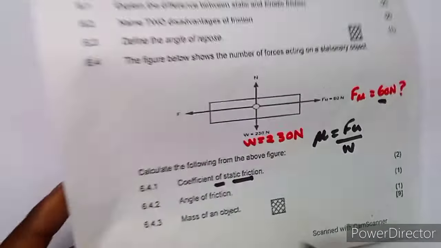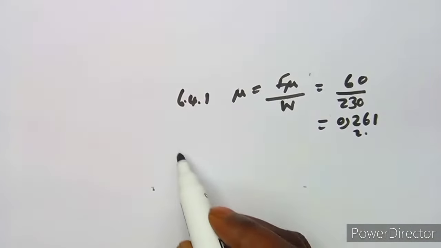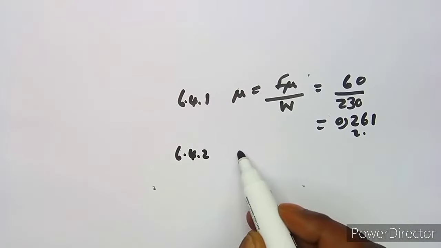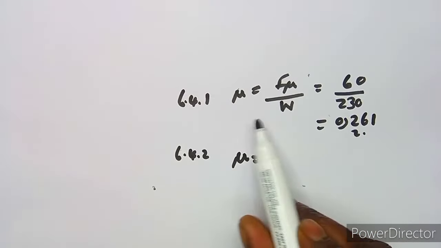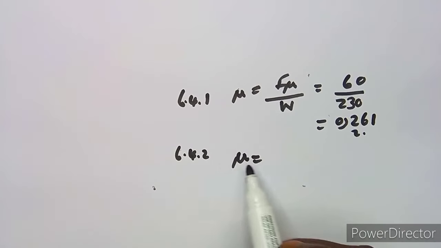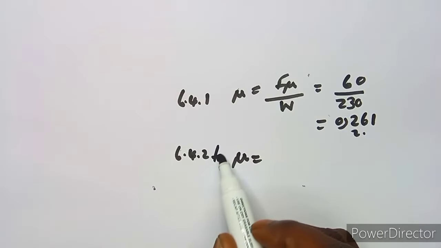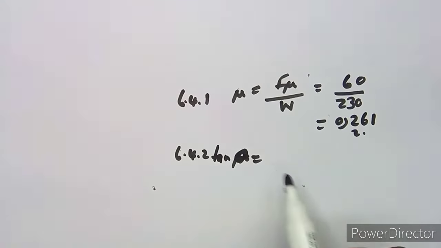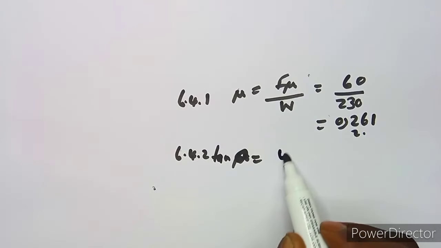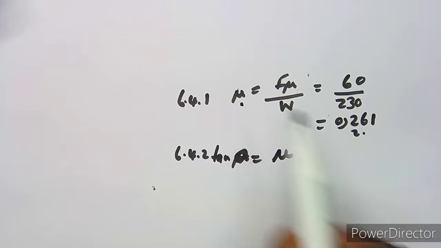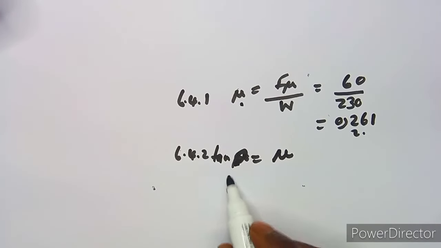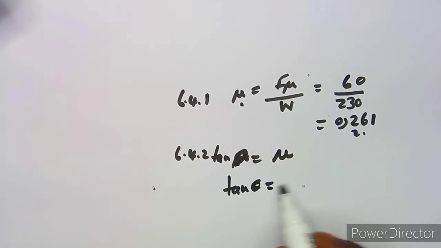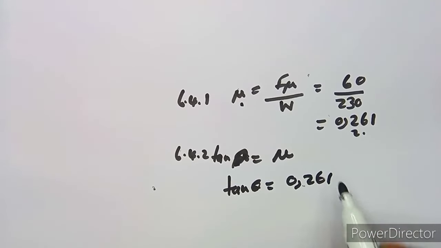That's it. Then the angle of friction on 6.42, guys, remember that the angle of friction is taken from tan. We can have it as tan theta, which is equivalent to the coefficient of friction. So in order for you to have this theta, tan theta is equivalent to 0.261.